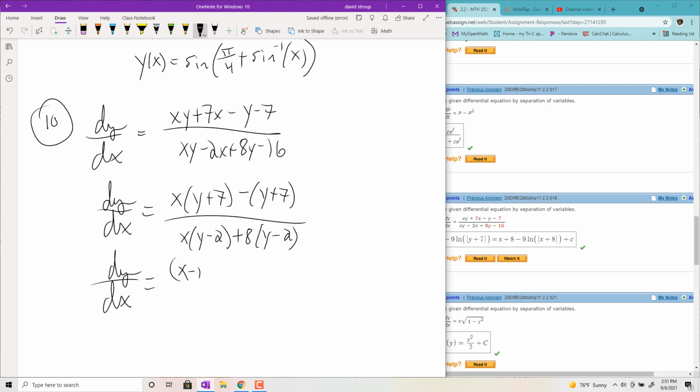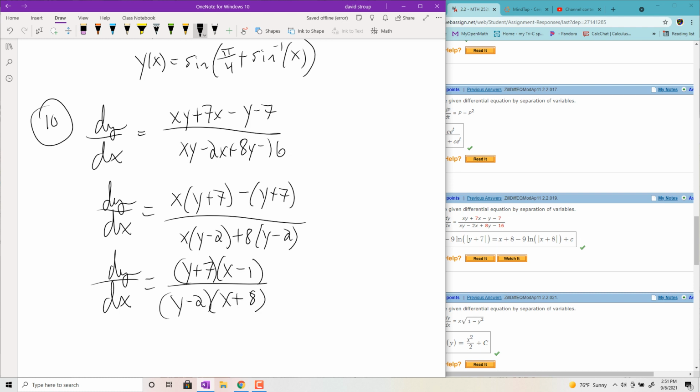So x minus 1 times y plus 7. You factor out the common binomial of y plus 7. Maybe I should write it the other way around. It's more obvious. And downstairs, we factor out the common binomial of y minus 2. You end up with that.